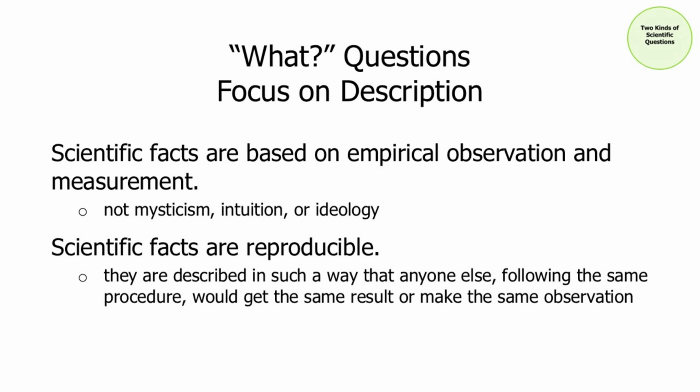So we're based on empirical observation and measurement. And of course then, as I'm sure you've heard before, scientific facts are reproducible. They can't just be one-offs, so to speak, where you just find one thing and then it can't be reproduced. There has to be a method. Facts are described in such a way that anyone else following the same procedure would get the same result or make the same observation.